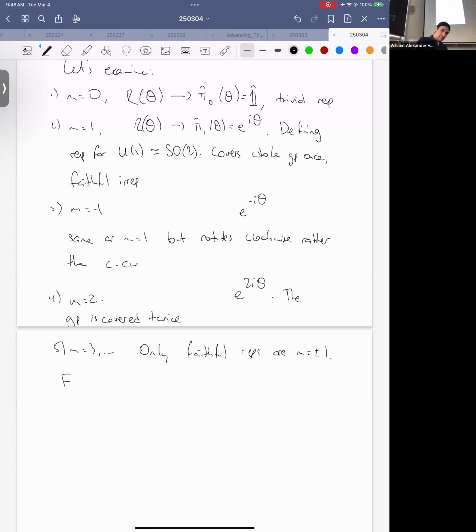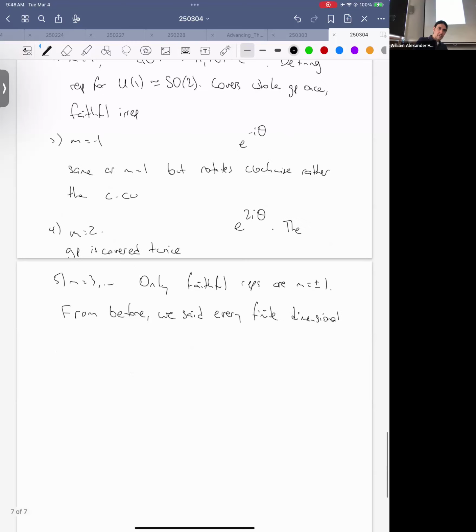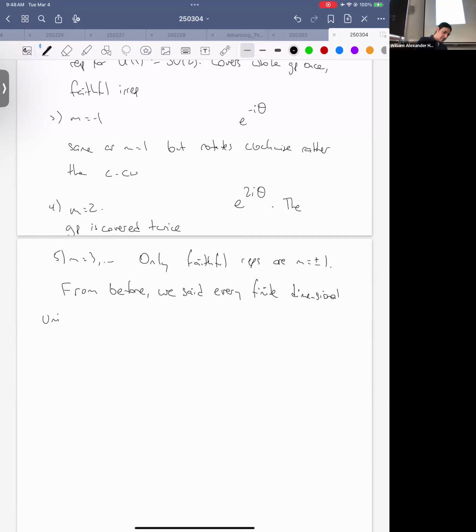Okay, so now let's take a moment and think about the potentially reducible representations. We said that every finite dimensional unitary representation is the direct sum of unitary irreducible representations.